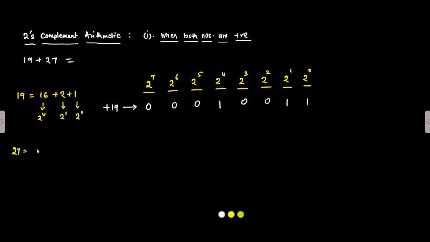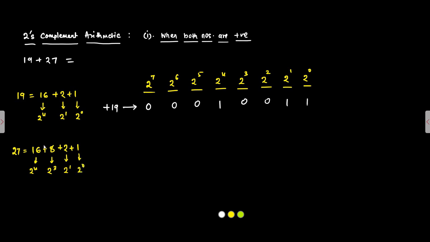Similarly, 27 can be split as 24 plus 3. 24 can be split as 16 plus 8, and 3 can be split as 2 plus 1. So we have 2 to the power 4, 2 to the power 3, 2 to the power 1, 2 to the power 0.